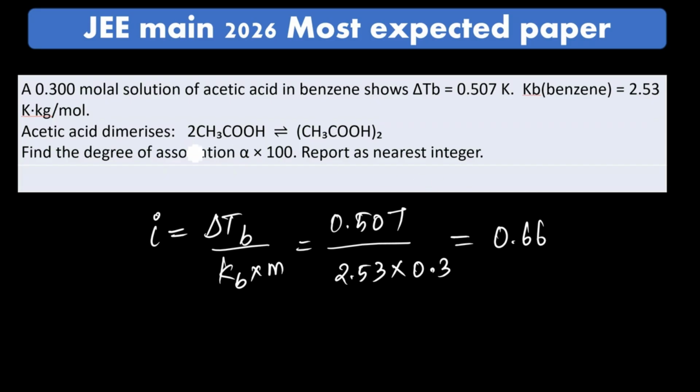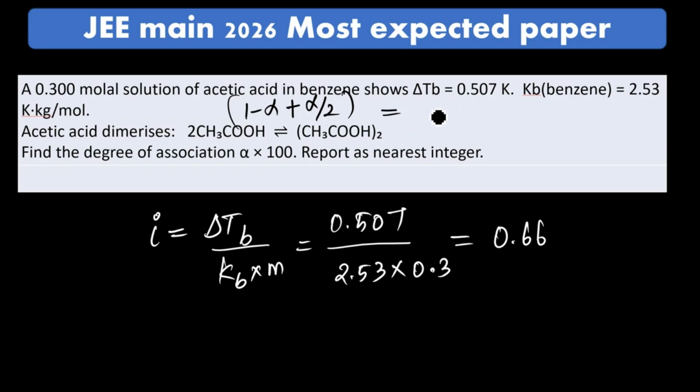Okay, so as I said, acetic acid dimerizes, right? As a next step, how is i related to alpha? For this kind of dimerization, what will happen to the total moles? 2A gives A2, right? So the total moles will become 1 minus alpha plus alpha by 2, right? That is our total moles.